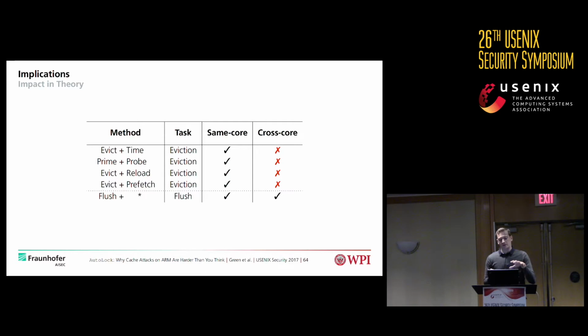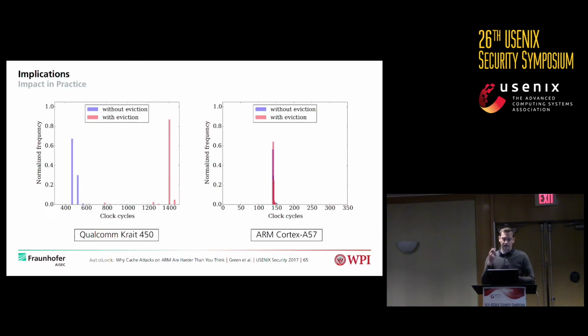So that is the impact in theory, and how we actually recognize it in practice is something like this. We recall the reload times of A from earlier, which were on the Qualcomm Krait 450, an ARM-compliant processor core. And we saw that there's a clear difference. But now we repeated the same experiment, the same code, on an ARM Cortex A57, and all of a sudden, regardless of whether we do eviction or not, the reload times are always from the cache hierarchy.